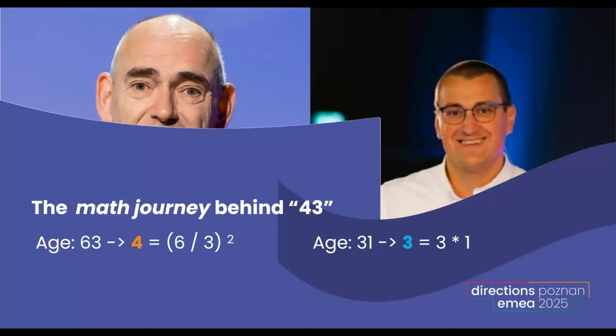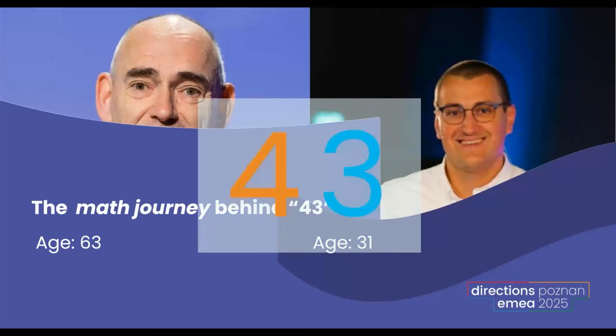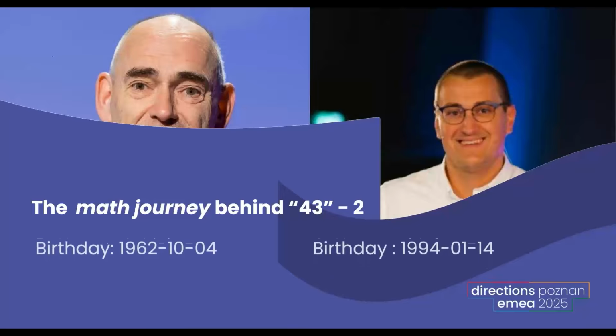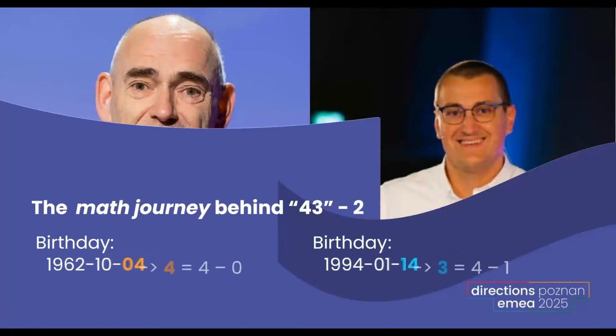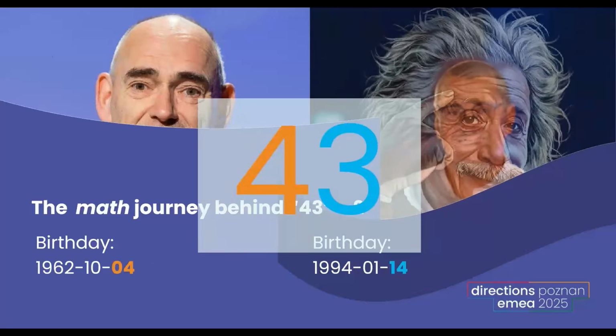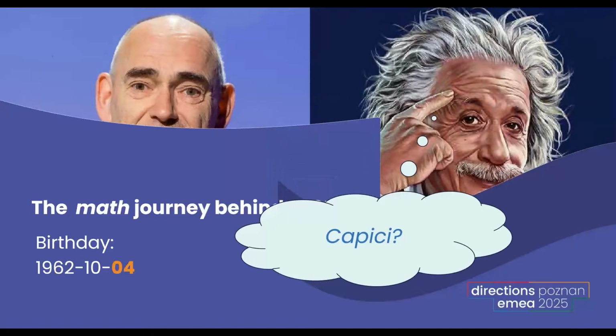That's 6 divided by 3 to the power 2 gives you a 4. And Milan's age is almost half of it. That's the 3 and the 1. This is really quite advanced mathematics. And if you don't believe it, we have another argument. These are our birth dates, and if we take the dates, we also get to 43. That's the reason why we have 43 tips.